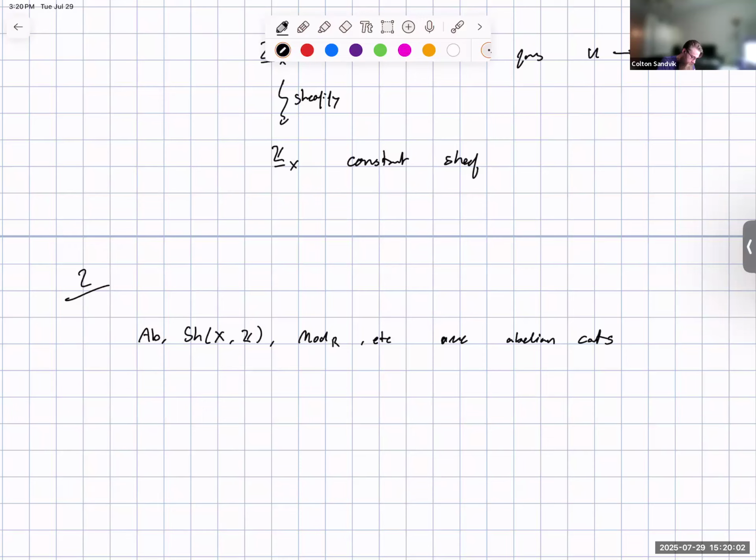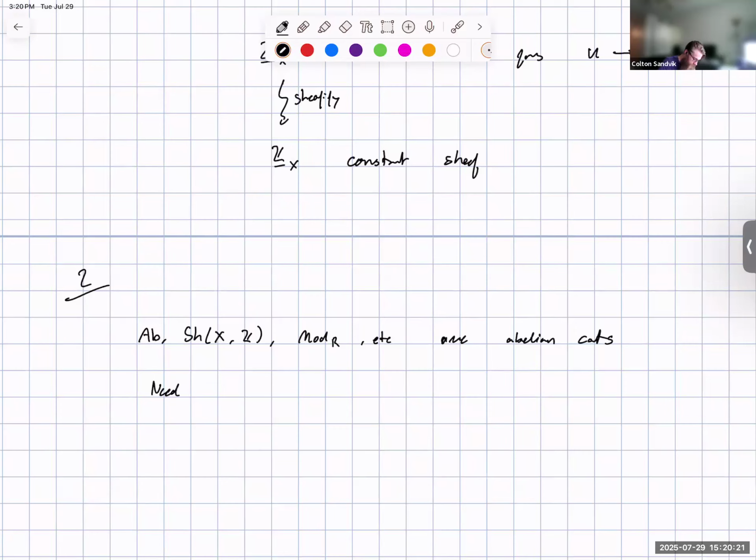But when we're going to talk about the derived category, it doesn't quite fit into this abelian category picture. It needs some extra information. And so what we want to do is instead look at what are called triangulated categories.